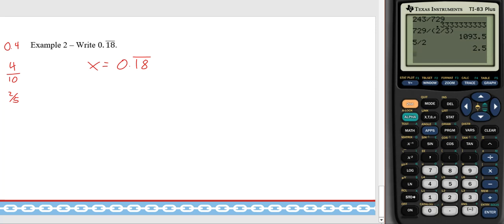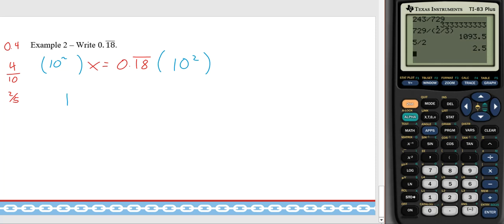So given the whole concept of algebra, doing the same thing to both sides to maintain that balance, I am going to multiply both sides by 10 to a power, and I'm going to pick the power based on how many values are getting repeated in my repeating decimal. So here I have 2 repeating values, so I am going to multiply both sides by 10 to the second power, which is really 100.